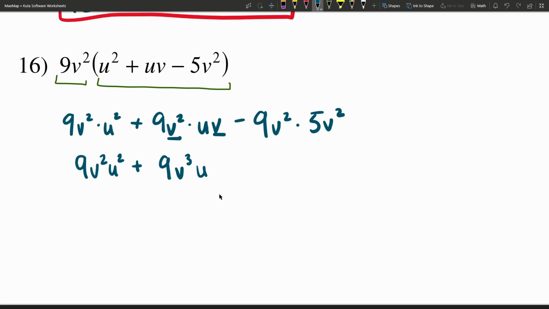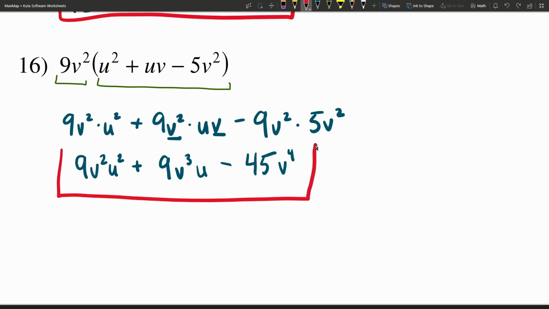So 9v cubed u, and then we're going to subtract 9v squared times 5v squared. 9 times 5 is 45. v squared times v squared is v to the 4th. And there we have it, the last solution on this worksheet. 9v squared u squared plus 9v cubed u minus 45v to the 4th.